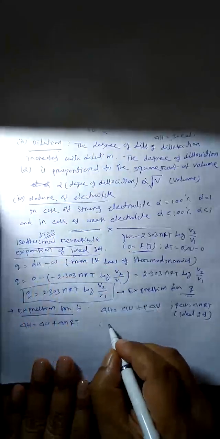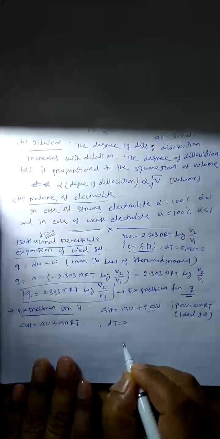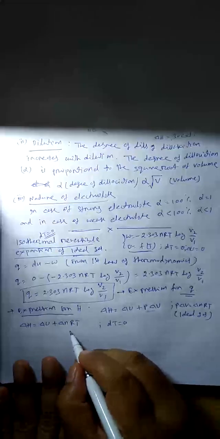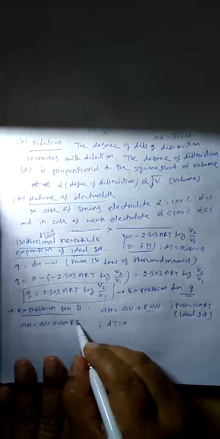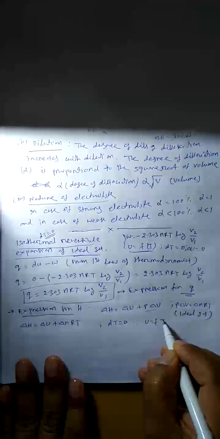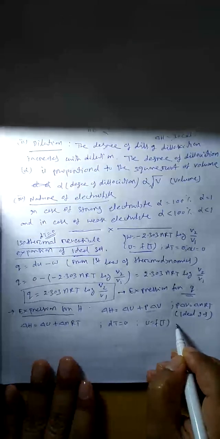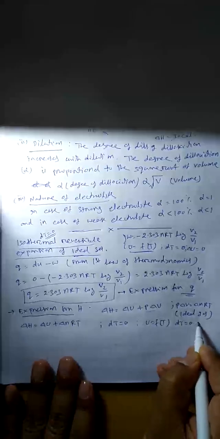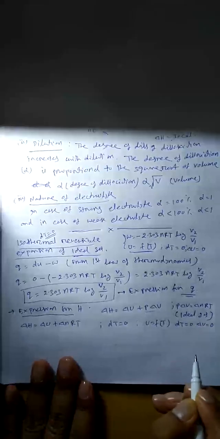It is isothermal. Remember, isothermal means dT is equal to 0, so this entire portion will be 0. Delta U is also 0, since U is a function of temperature in case of ideal gas.